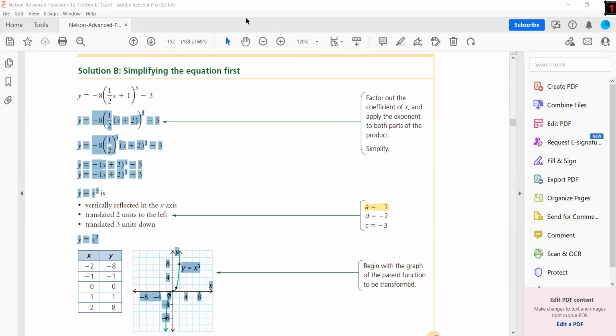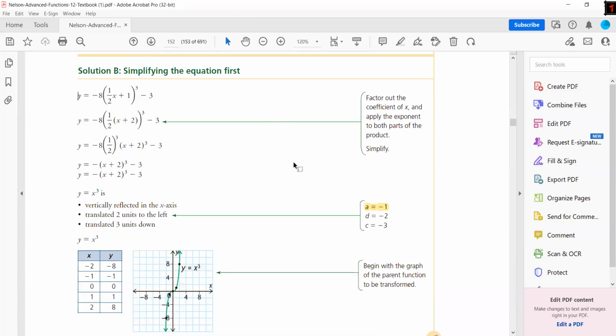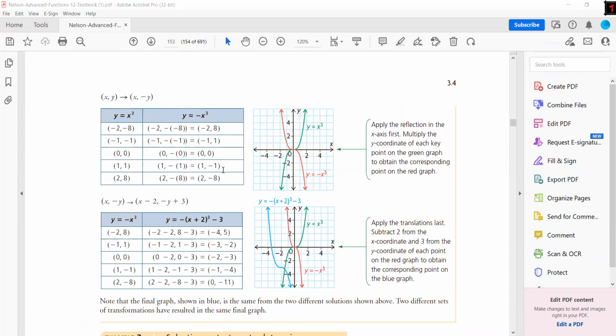So Lorraine, do you need extra time to copy down this example? Okay. Have you finished on this page? Okay, because there's a number of points here.